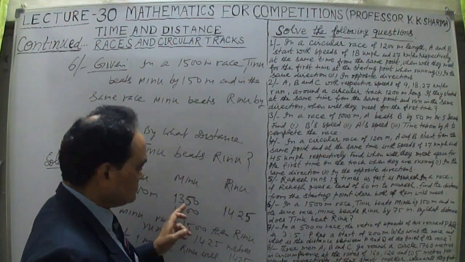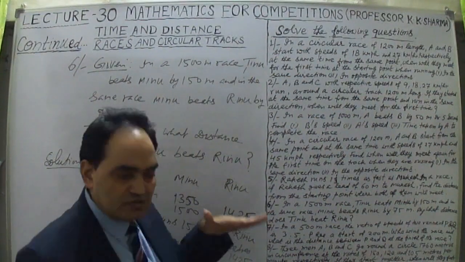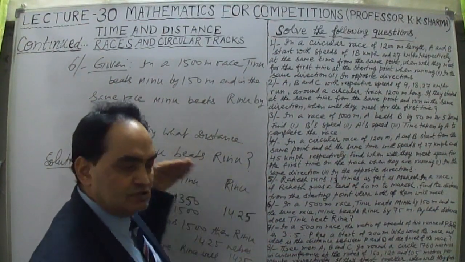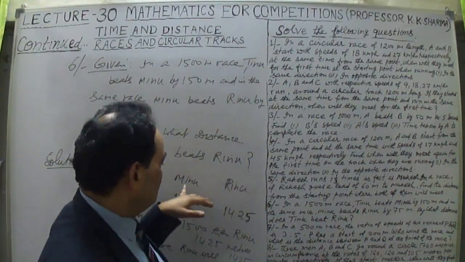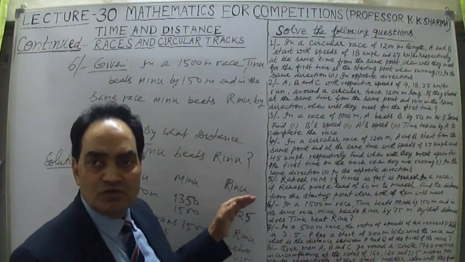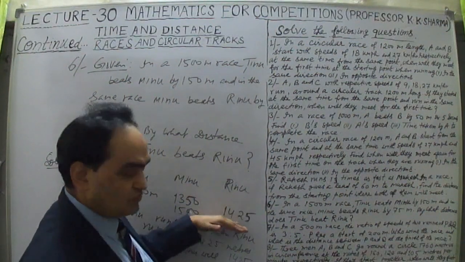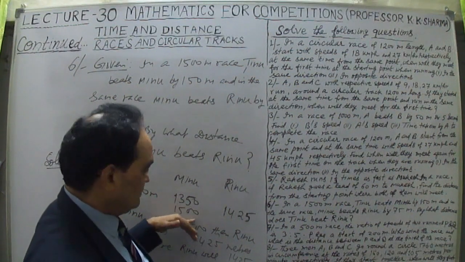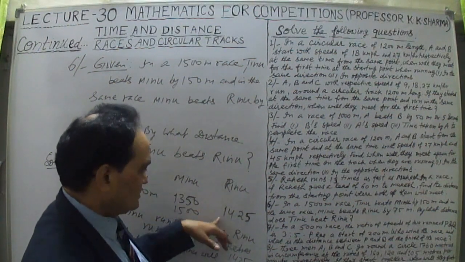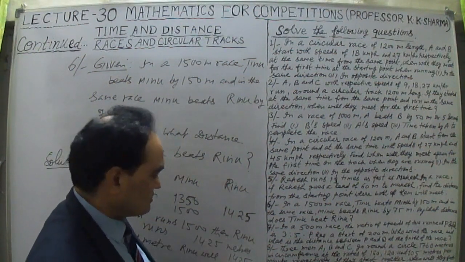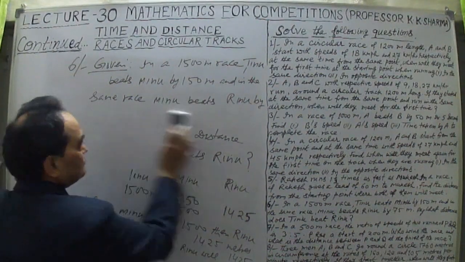So when Minu runs 1350, which is the actual distance in comparison to the first one, Tinu, what is the position of Renu? That we have to find out. Tinu is running 1500, Minu is running 1350. At 1 meter, Renu will run 1425 upon 1500, and at 1350, let me calculate this here.